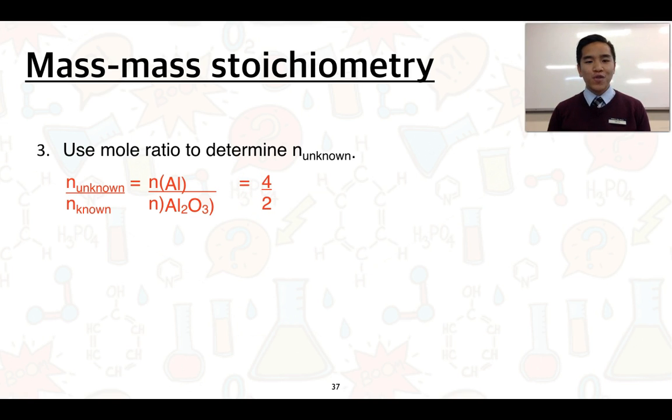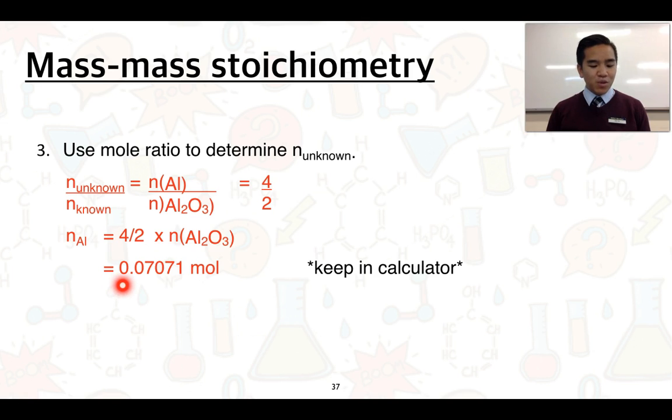So it's now 4/2, which is equal to 2. We're going to rearrange that, and we're going to get the number of moles of aluminium equal to 4/2 times the number of moles of aluminium oxide. So we go ahead and we multiply our previous answer by 2, and we end up getting 0.07071 mole approximately. Again, still keep this in your calculator.